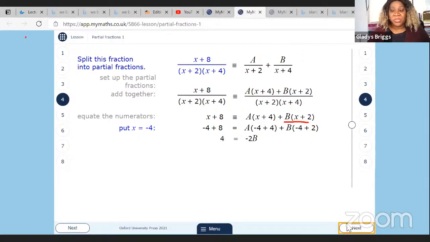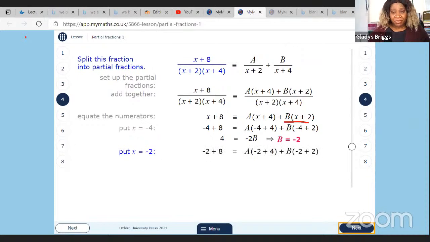So 4 would be equal to -2b, and b would be equal to -2. Then you do the same thing to find a. You make x equal to -2, so you have b times -2 plus 2. So then a would be equal to 3.